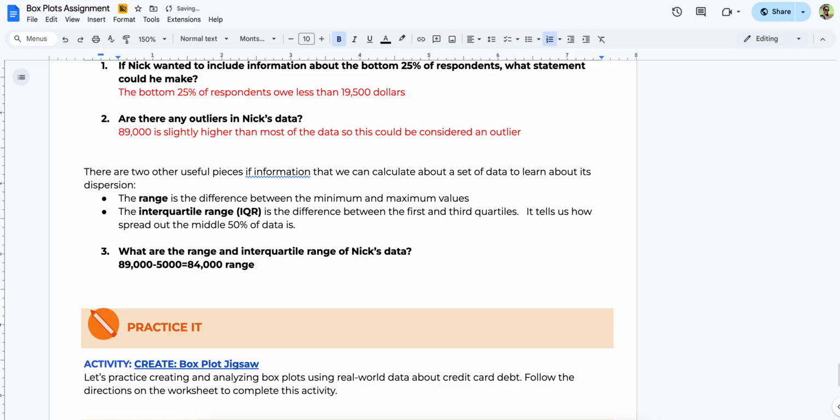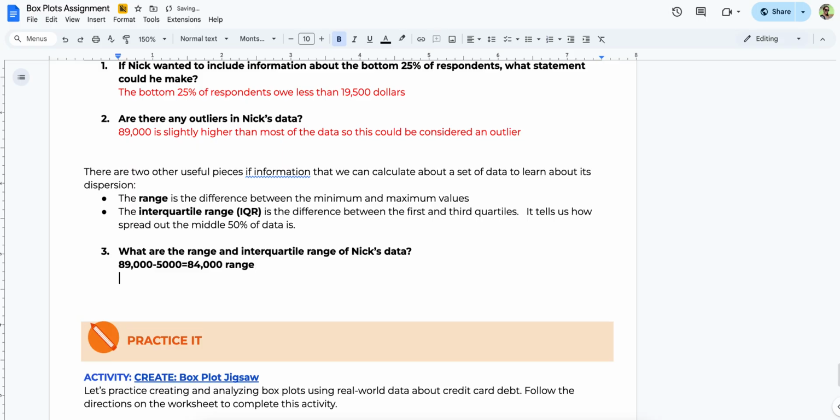If you wanted to do the interquartile range, you would take your Q3, which was the 42,000, and subtract your Q1, which is the 19,500, and that would give you 22,500. These are important because you can see how widely diverse or spread your data is within your data set.